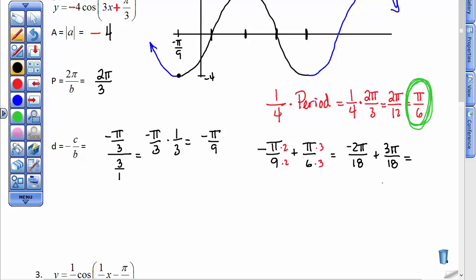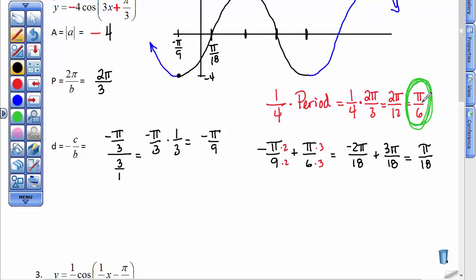And when I add these together, they have a common denominator. These are just like terms. A negative 2 pi plus 3 pi is 1 pi. You don't need to write that 1, I just like to write it down initially. So it's just 1 pi over 18. That's this spot right here. I've got to add a quarter of the period to this point to get to here.